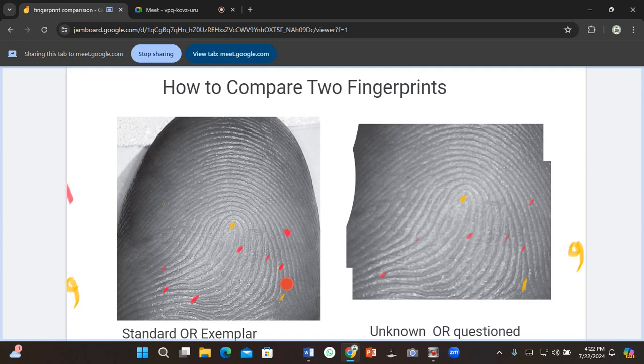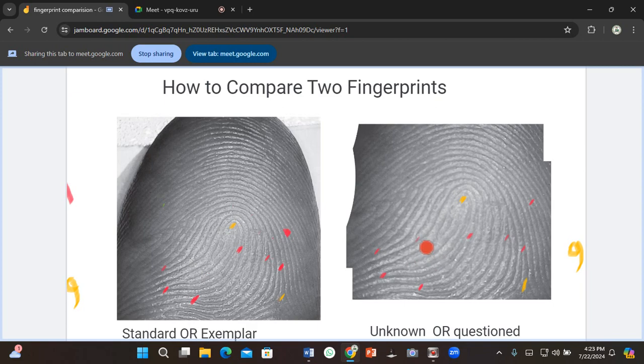That's 4. 1, 2, 3, 4 also. So we have the same thing. If you look at this one, we have one here, that's 1, 2, 3, and another one here.